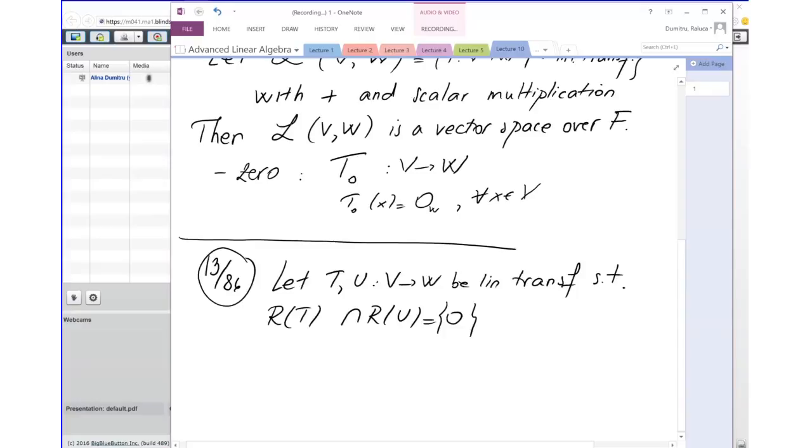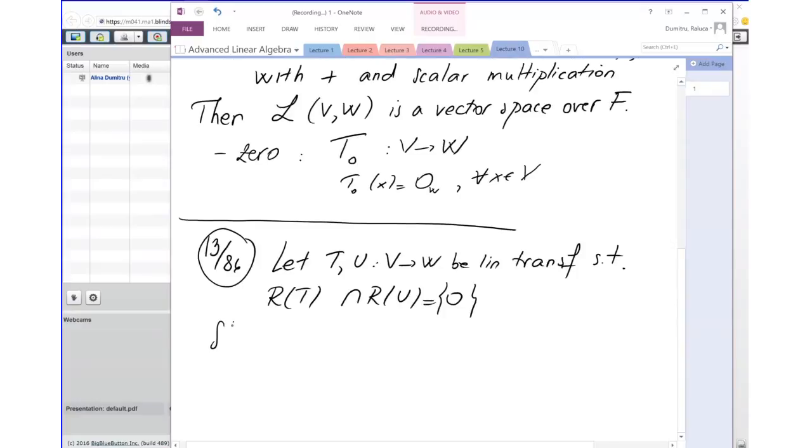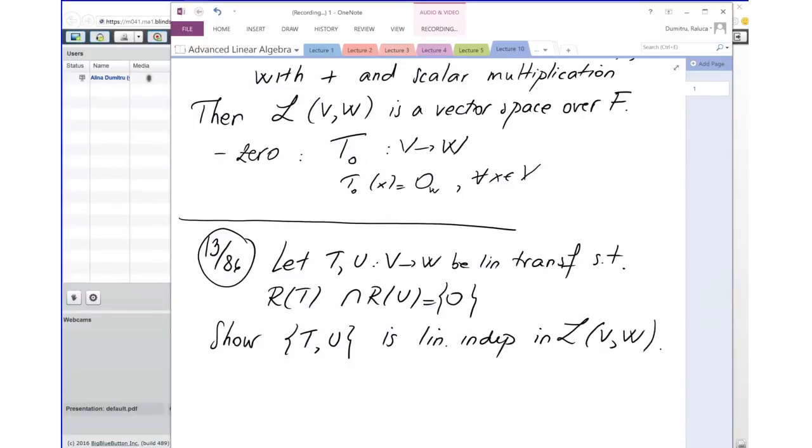So they only intersect in the 0 vector. Show that the set containing T and U is a linearly independent set in that space above. So I have a vector space, this L. Its vectors are in fact linear transformations. And here I have this set containing 2 vectors in that space, so 2 linear transformations. So I want to show that this set is linearly independent.